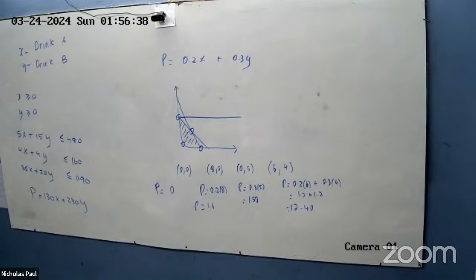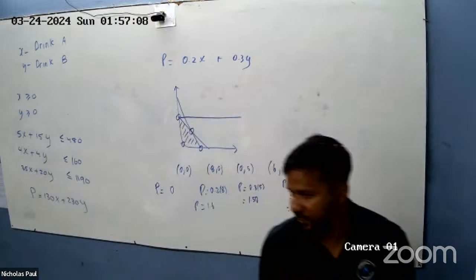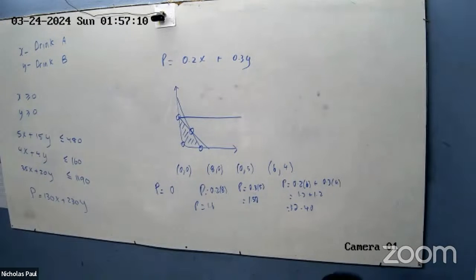Sometimes when you plug in and x says zero, find y. Then plug in y is zero. Right, x is zero, y is zero, the best points to plot. Right, so that's the way we set up the inequalities.